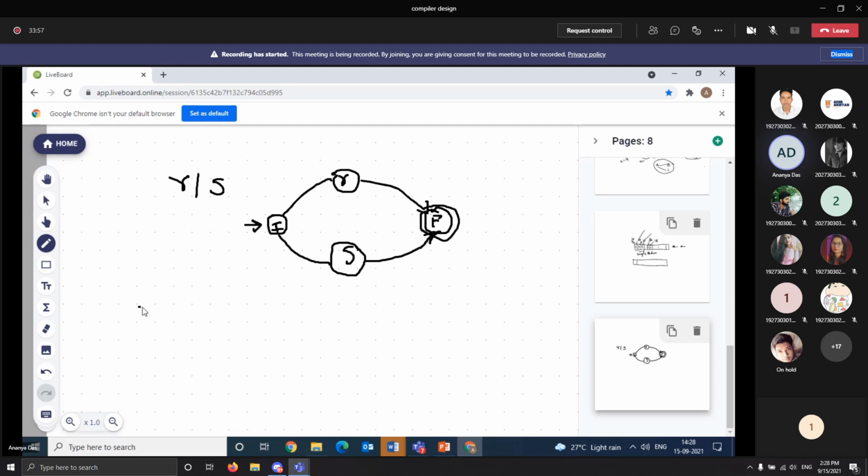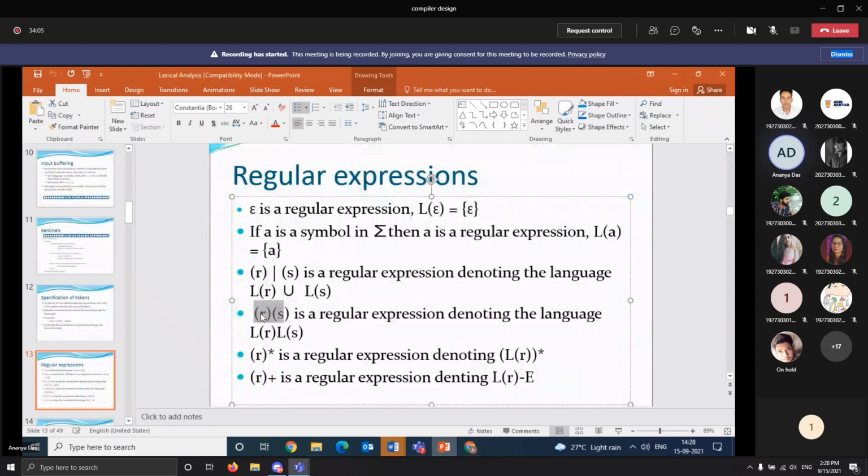If the same thing becomes R dot S, which I just said is concatenation, this is the concatenation, the highlighted R followed by S. So in concatenation, you utilize the concept of series.